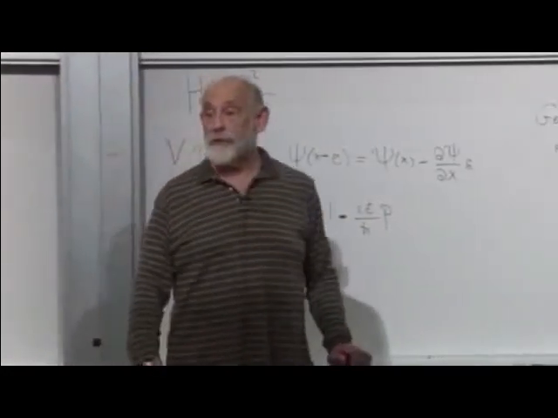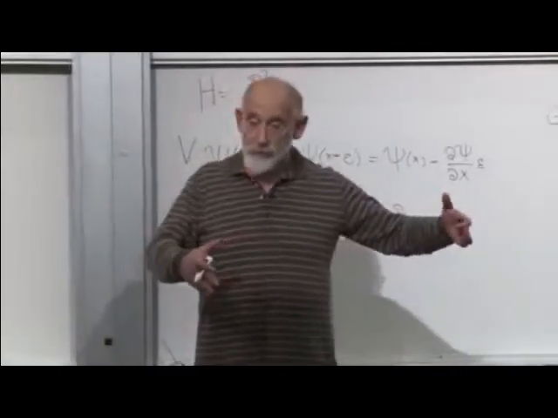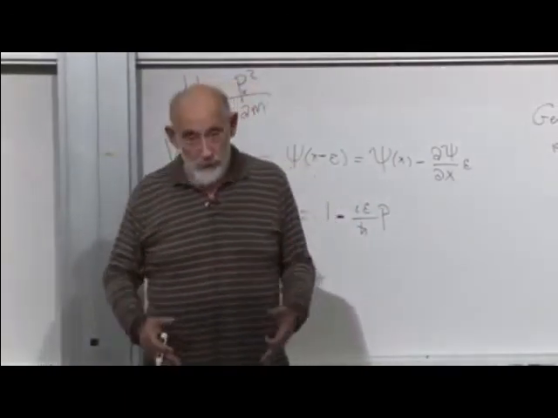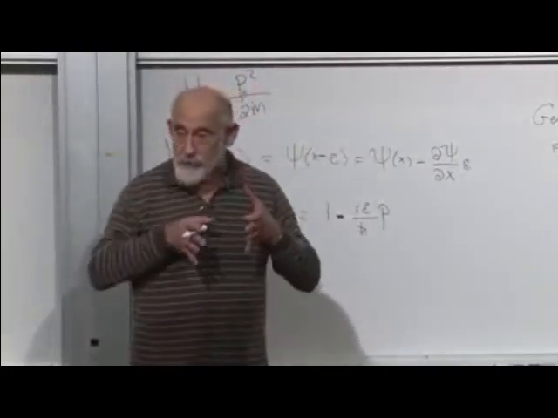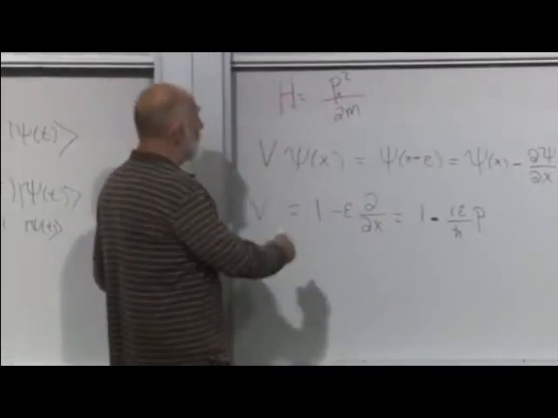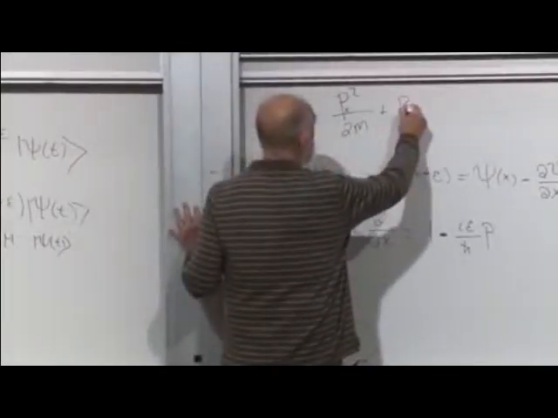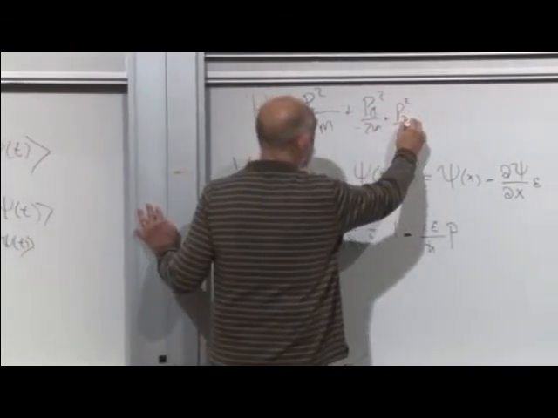What if there are more directions of space? If there are more directions of space, then there are several symmetries. You can translate along the x-axis, the y-axis, and the z-axis. In that case, the Hamiltonian becomes px squared plus py squared over 2m plus pz squared over 2m.